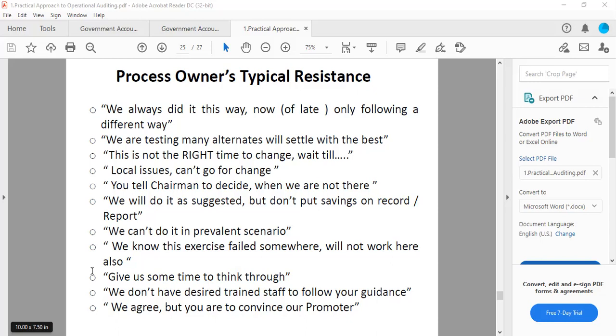So believing that such a particular suggestion or recommendation would not really work. Another one is give us some time to think through. So one thing is much time for analysis. Then we don't have the desired trained staff to follow your guidance. Again, a problem existing in the company. We agree, but you have to convince our promoter. So a certain person on top is handling such employees.